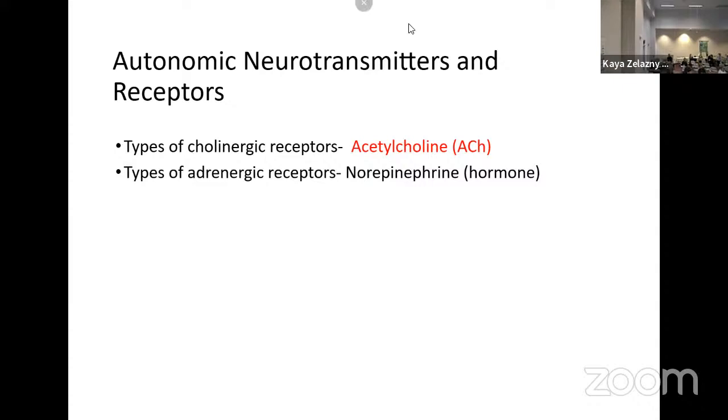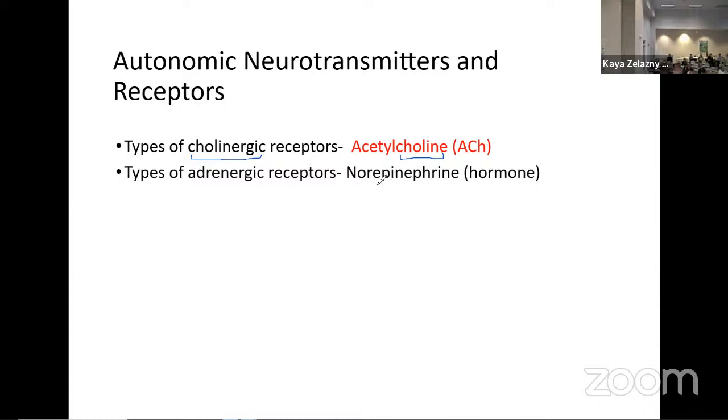Okay, so you can see the roots of that word together, right? The choline and the cholinergic go together. And so we'll have a nerve that spits out acetylcholine, secretes that. And then the next nerve is going to need a receptor to receive that acetylcholine. And then we're going to have norepinephrine and a little bit of epinephrine from the adrenal glands, also associated with the autonomic nervous system.